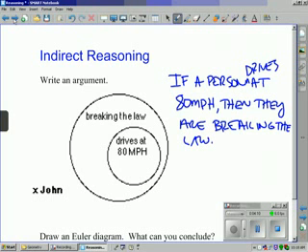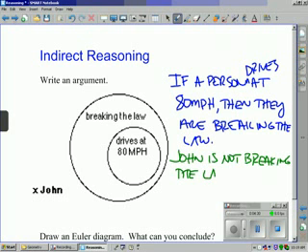But we see a picture of John. John is on the outside of breaking the law. So since he's not on the inside of that circle of breaking the law, we know that John is not breaking the law. So we say John is not breaking the law.